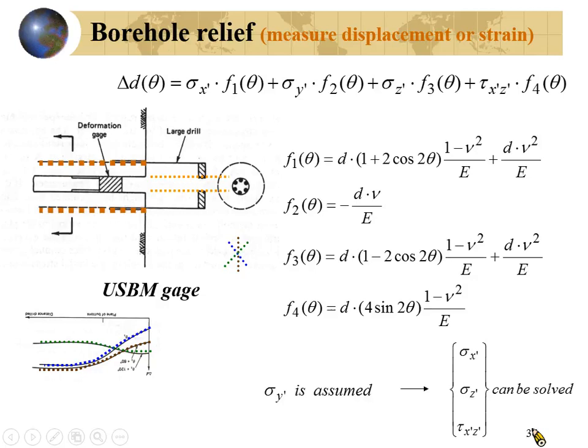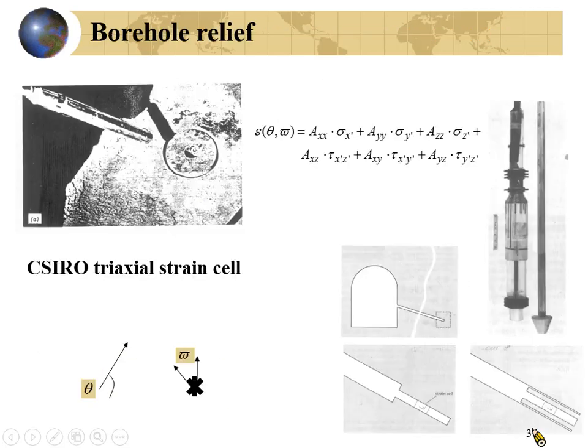Then you still have the 6 equations to determine the 6 unknowns. So the procedure will be the same. You have a measurement here and you have a measurement here. Then you can solve the stress components in the global coordinate system.